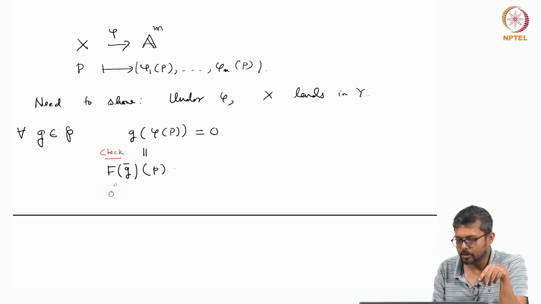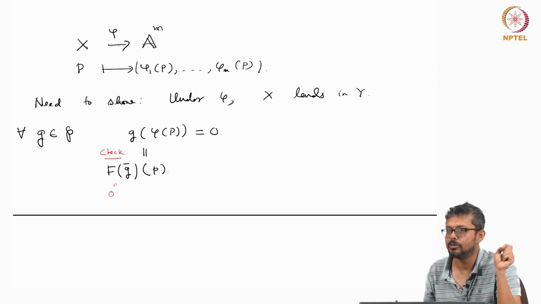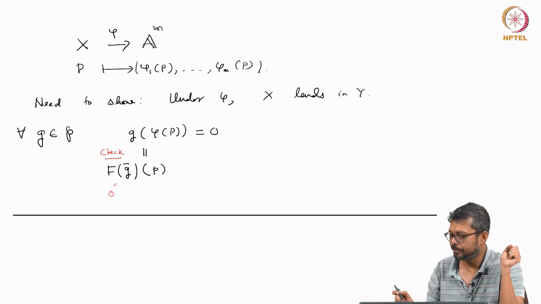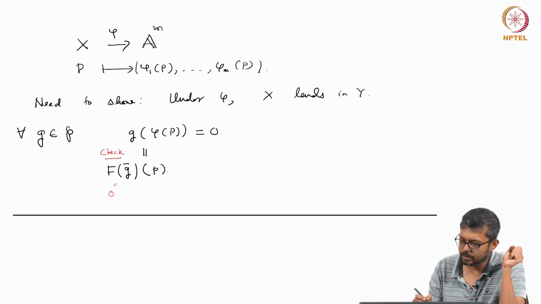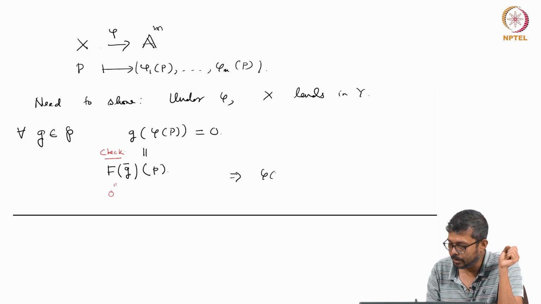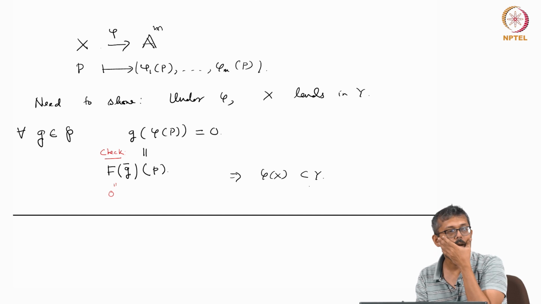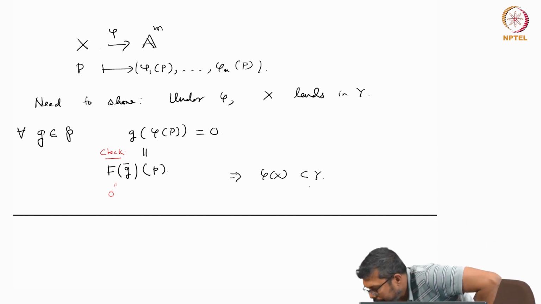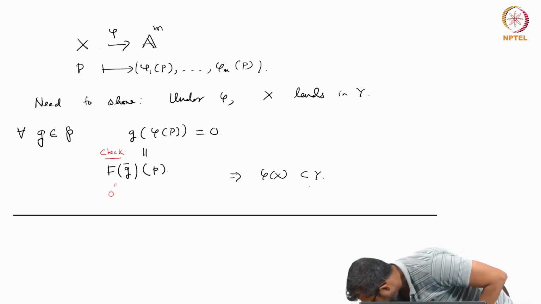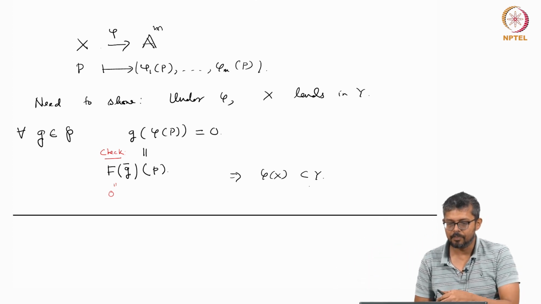That will say that g of phi is 0, so phi takes X to Y, and that is what you wanted, right? So this completes the proof.